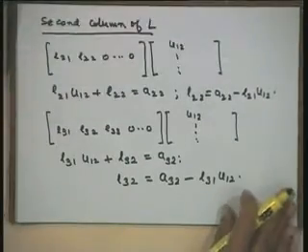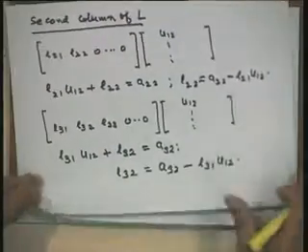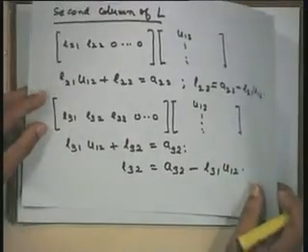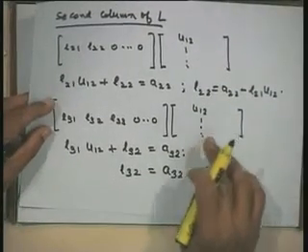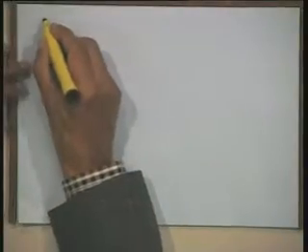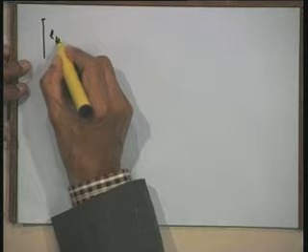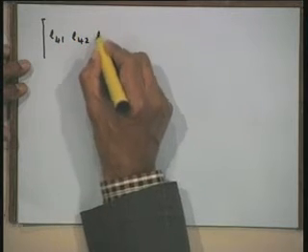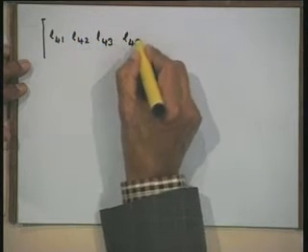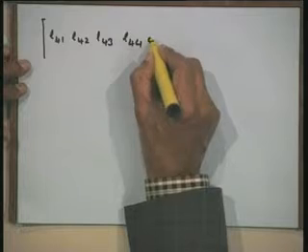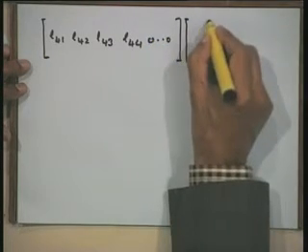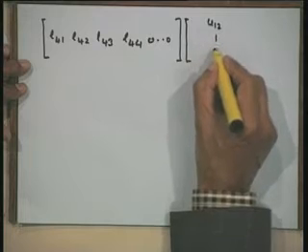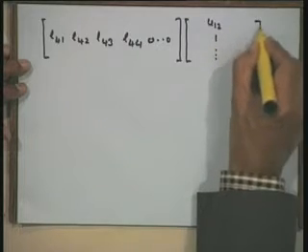Now, let us now take the next row of L and the second column of U. That means, we shall be considering L41, L42, L43, L44 into this second column U12, 1 and so on.